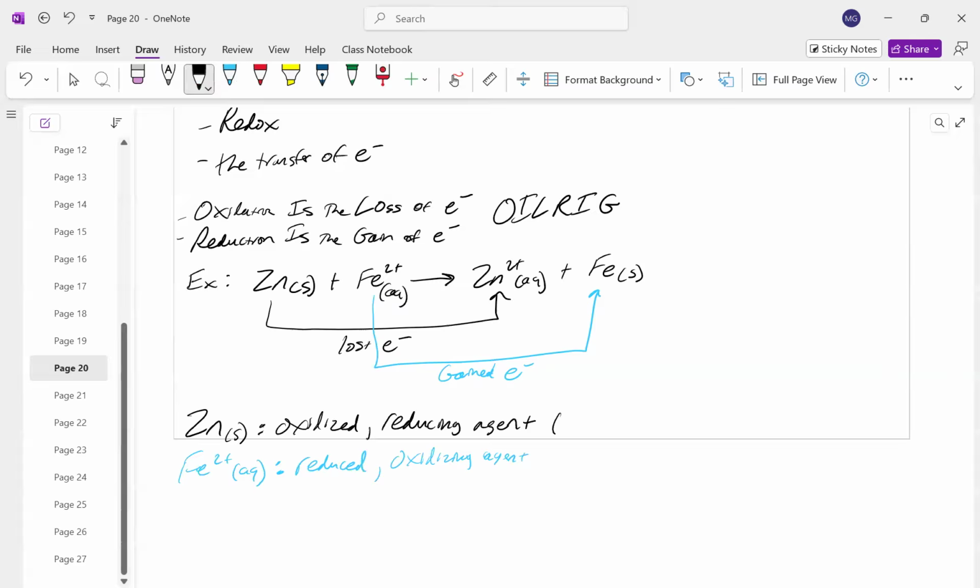Now, you might hear another term for this. A reducing agent is also known as a reductant, which means the exact same thing. It's just another way to say it. And an oxidizing agent would be called an oxidant. So you might hear me use those two terms interchangeably, so just be familiar with them.